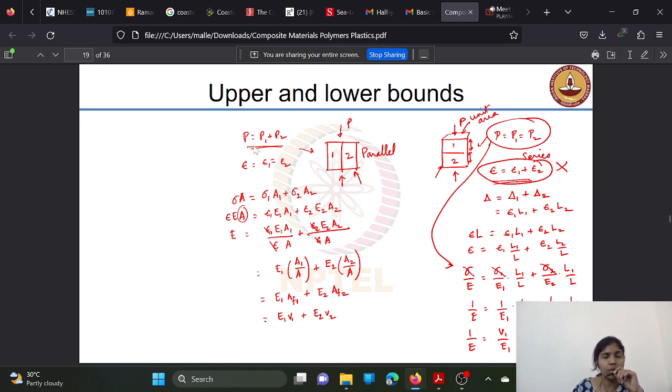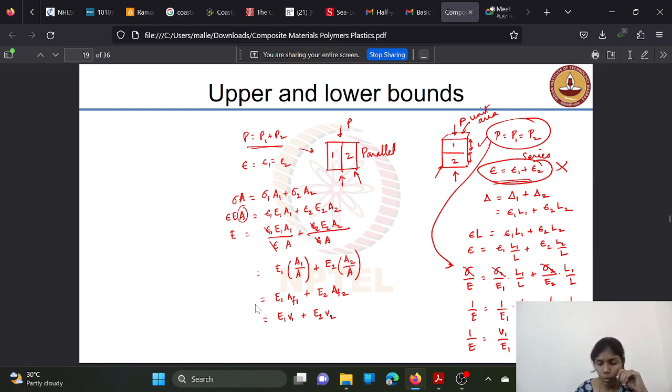By expanding P equal to P1 plus P2, loading is nothing but stress into area, since stress is load by area. So stress into area is equal to sigma 1 A1 plus sigma 2 A2. And by replacing the stress with epsilon into elastic modulus, and simplifying, you can say that the elastic modulus of this composite material, which is aligned parallelly, is equal to E1 into area fraction of 1 plus E2 into area fraction of 2, that means E1 V1 plus E2 V2 when it is connected parallelly.